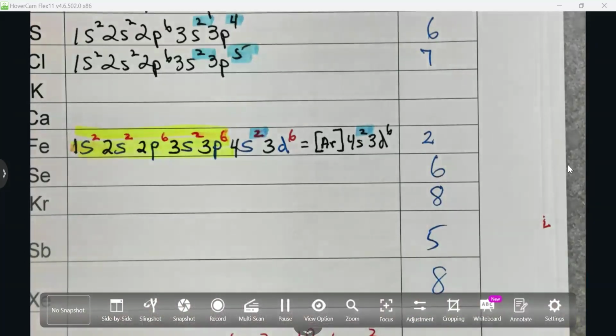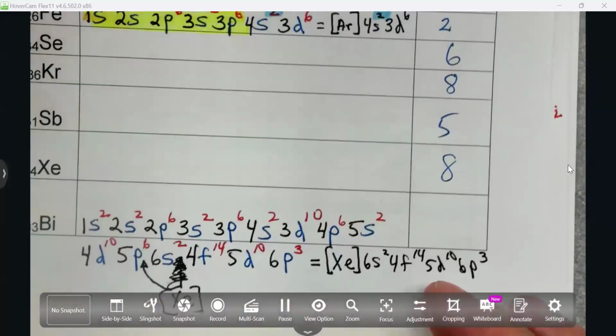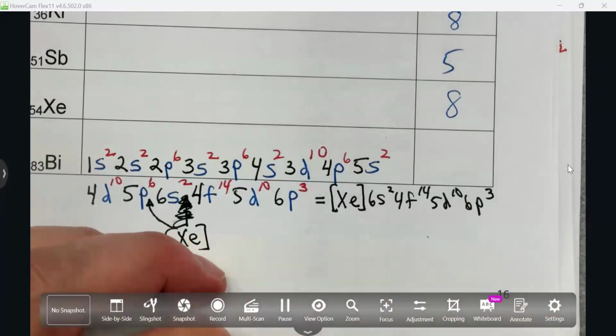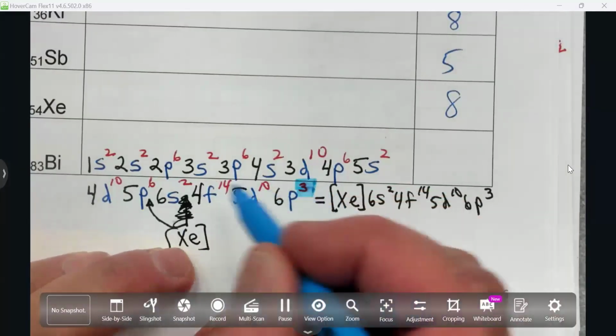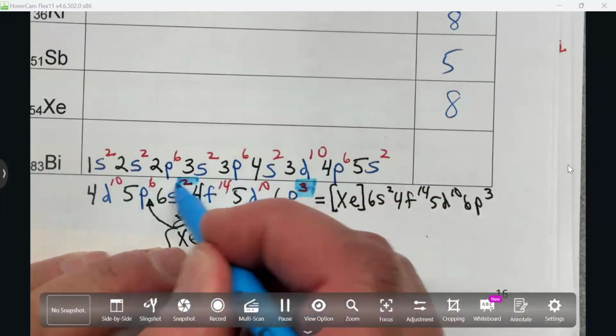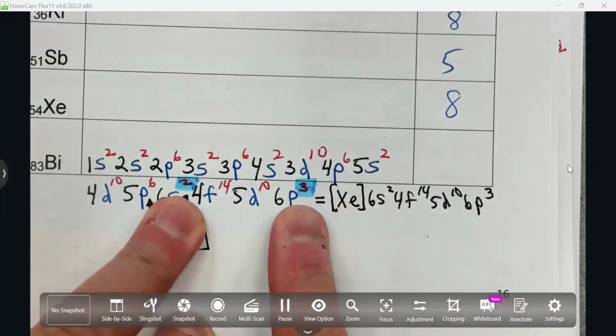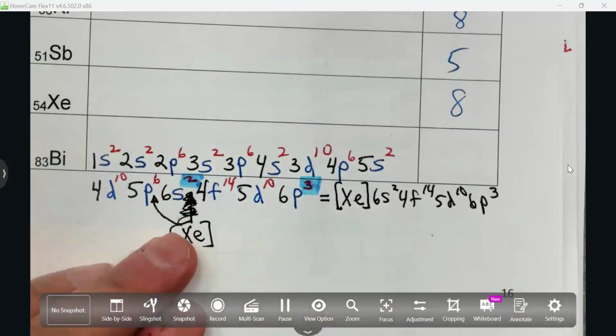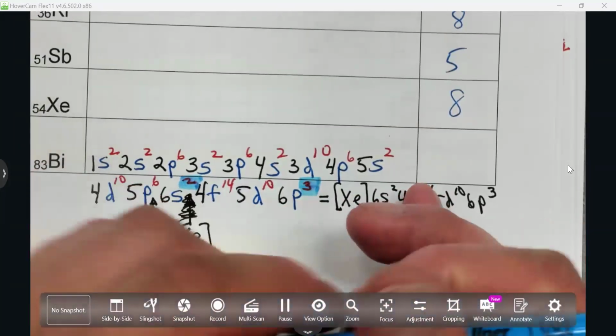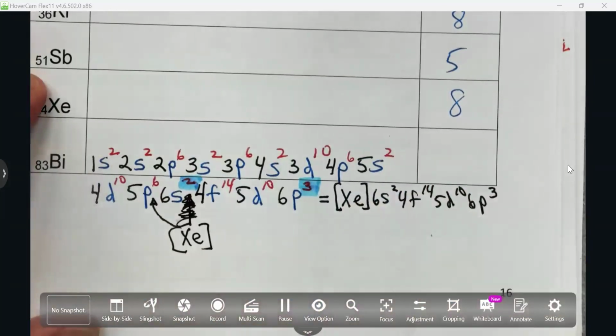Where are they? They're right here. Those are the 5 valence electrons. The farthest out S and P electrons.